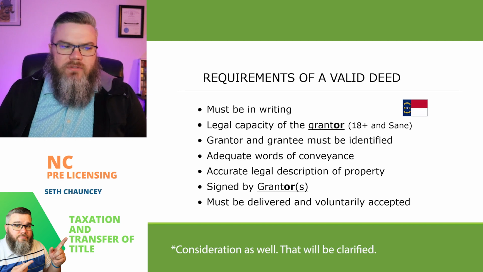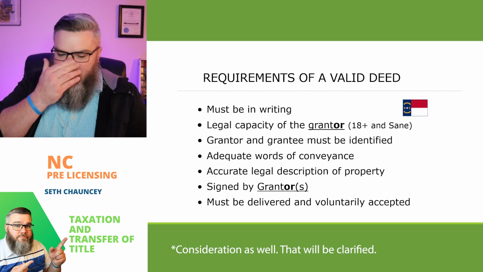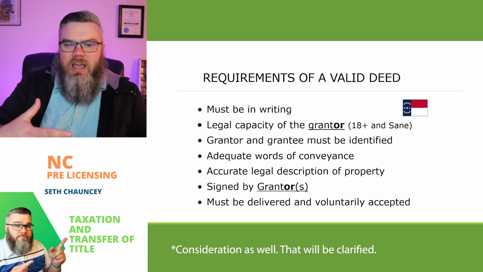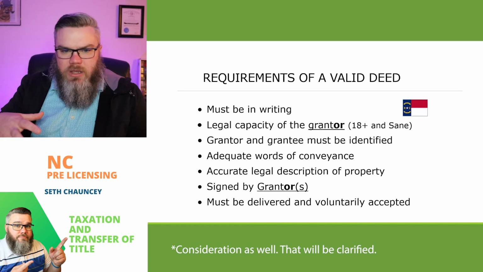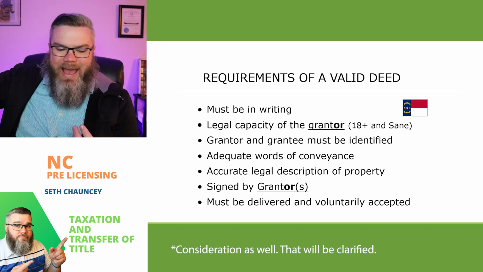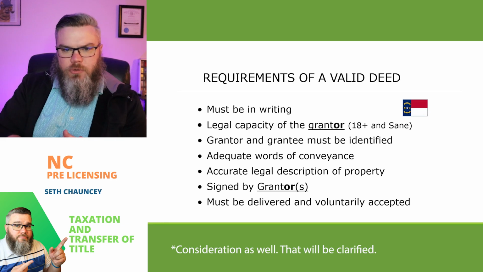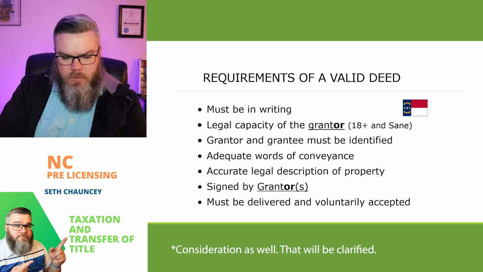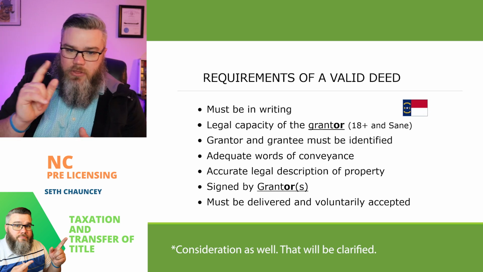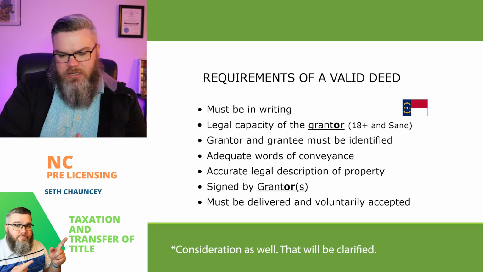And you'll see, I'll give you that same example deed. I'll bring it back up in a second. Adequate words of conveyance is, does hereby bargain, exchange, grant, and convey in fee simple or whatever. Okay, it's actual verbiage that conveys it. Has to have that accurate legal description we were talking about earlier on the deed, so there's no confusion about which property is being referenced. Has to be signed by the grantors, not the grantee. And it has to be delivered and voluntarily accepted.